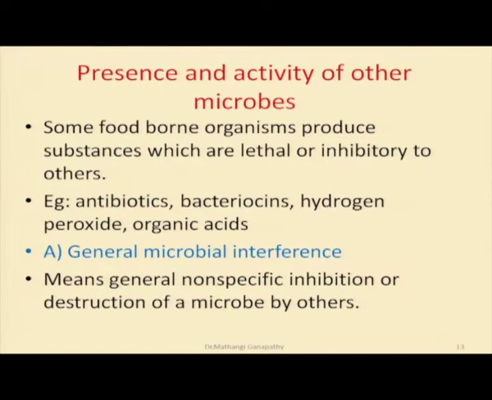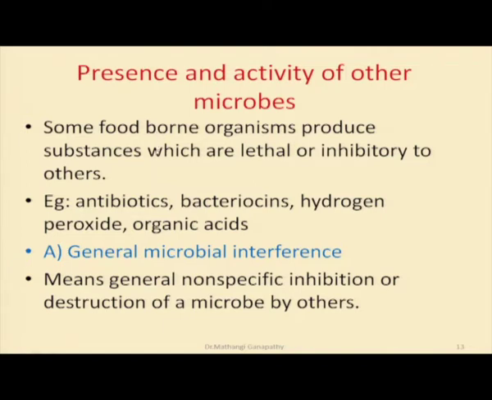The next category which will inhibit food spoilage is the presence and activity of other microbes. For example, some microbes which are already present in the food will inhibit the growth of other microbes. Some foodborne organisms produce substances which are lethal or inhibitory to others.